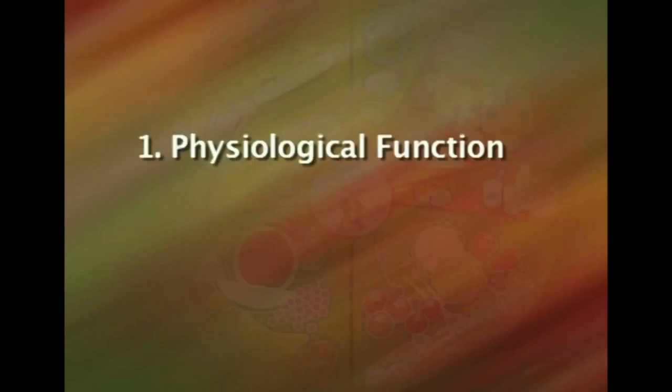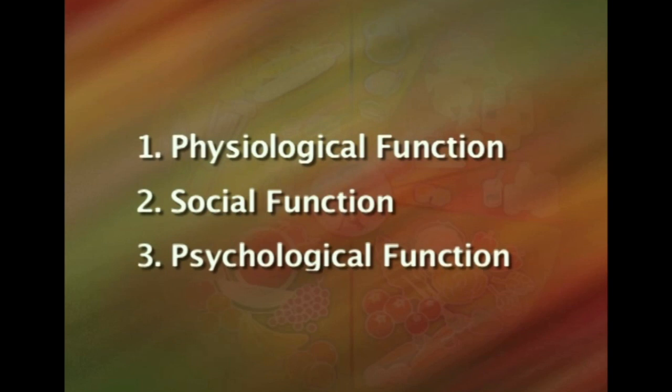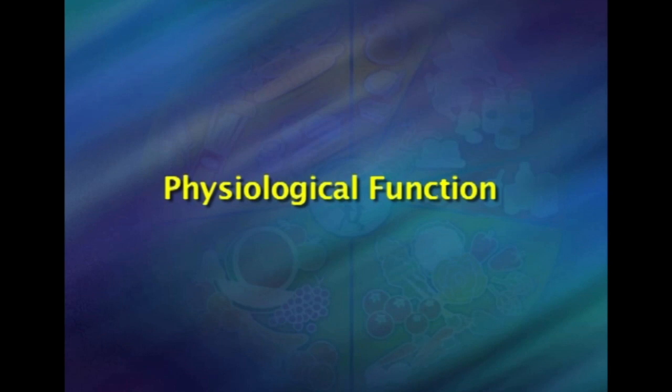So there are 3 basic functions of food. The first function is physiological function, the second function is social function, and the third one is psychological function. Now, what are these 3 different functions and how are they related to us? The first function, that is physiological function.